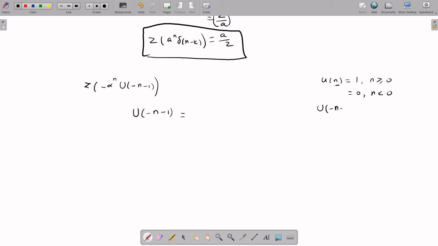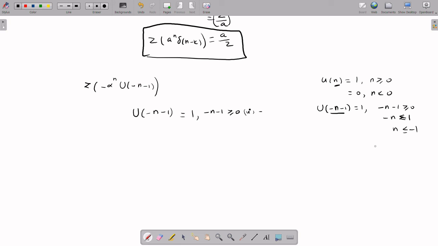So u of minus n minus 1 is equal to 1 when minus n minus 1 is greater than or equal to 0. What does this mean? Minus n is greater than or equal to 1, and when you take the 1 to the other side, the sign is changed, so minus n greater than or equal to 1, or otherwise n is less than or equal to minus 1.